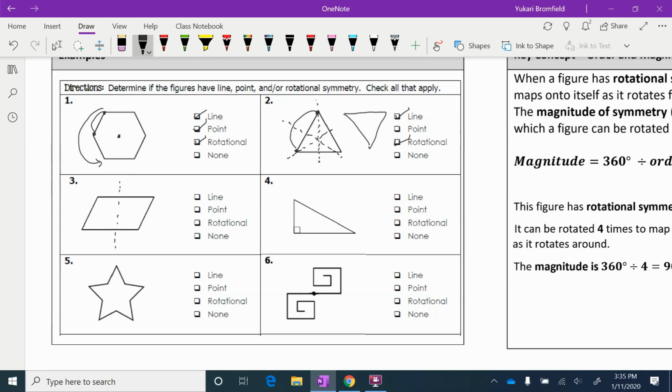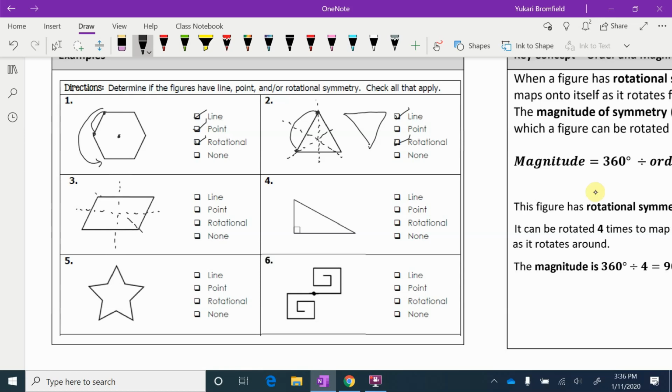If I look over this way, it still doesn't. And what about if I do it diagonally? It looks kind of like it's the same half, but if you actually fold it over, they're not going to match exactly. So this one, a parallelogram, doesn't have a line of symmetry.